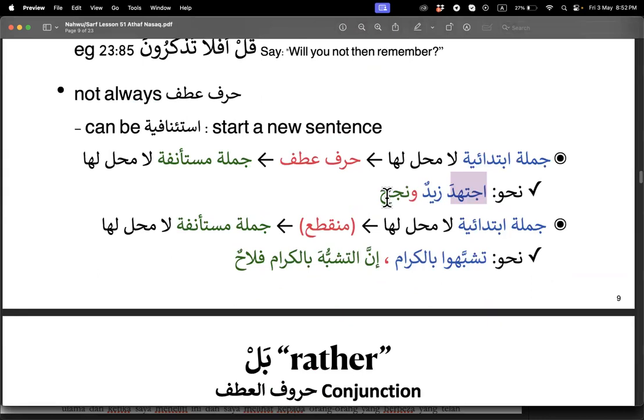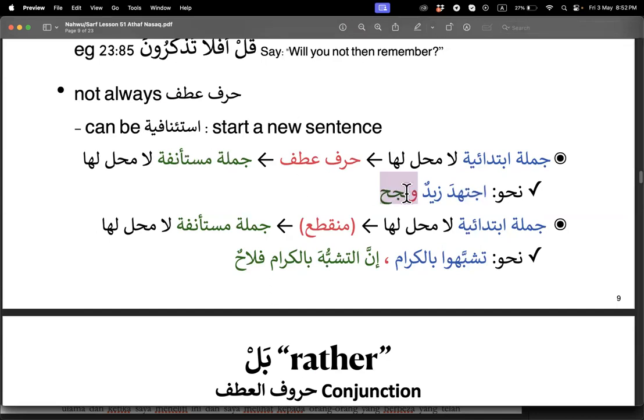Then we have another jumlah, najaha. And here we have a waw atifah. So yes, we call this waw atifah. We can say this jumlah is maktuf to ijtahada, but because this blue one here doesn't have a mahal, najaha here also will not have a mahal. It's called jumlah musta'naf.